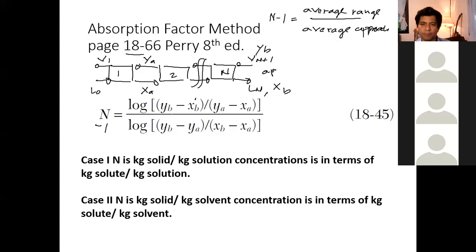Approach yan. Yun ding YA minus XA, approach din yan. Yun namang halimbawa YB, kasi mas mataas yung concentration ng YB, YB minus YA, yun naman yung range. Okay? So, imagine niyo, pag yung total length, dinivide nyo ng unit length, you're going to get the number of stages. Ganun lang yun.